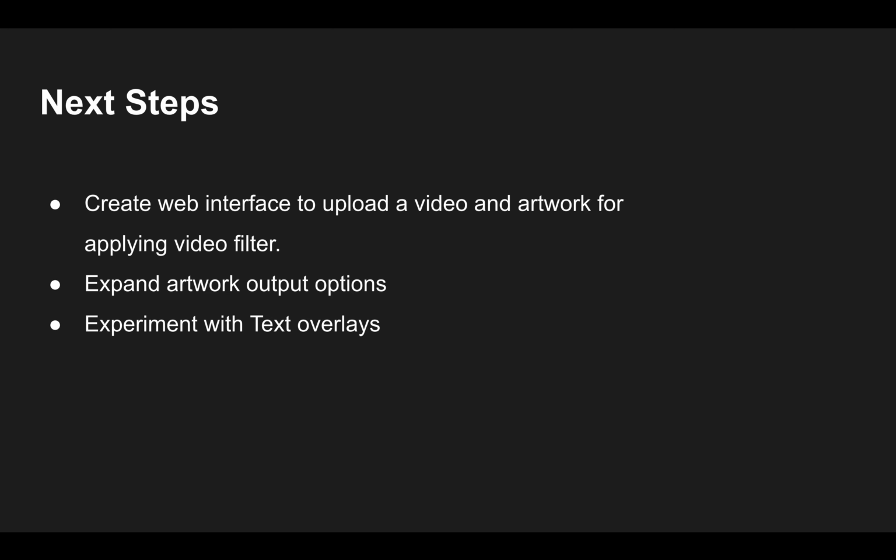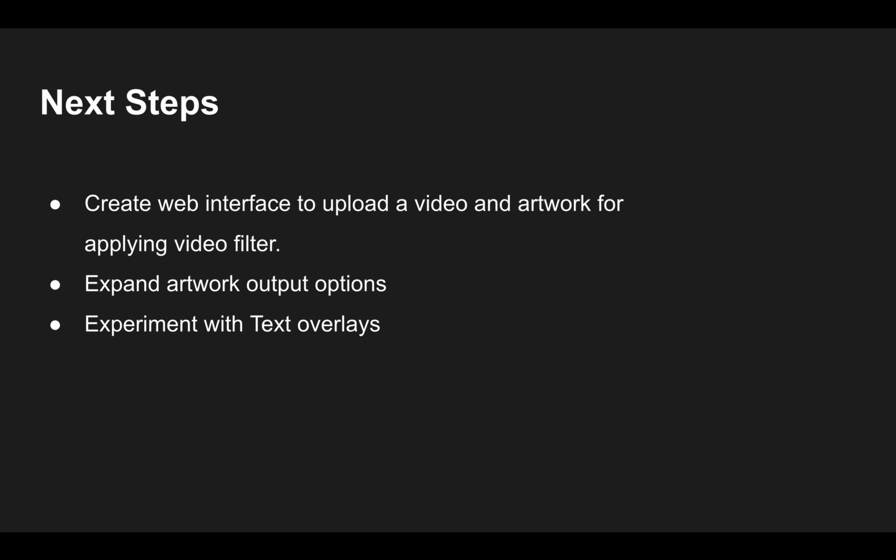What would be my next steps? I would like to create some sort of web interface to upload video and artwork, giving access to the public, so people can upload their own videos and their own artworks and get a nice output video. Also, I would like to create preset artwork output options.